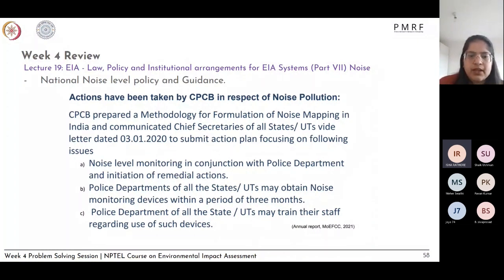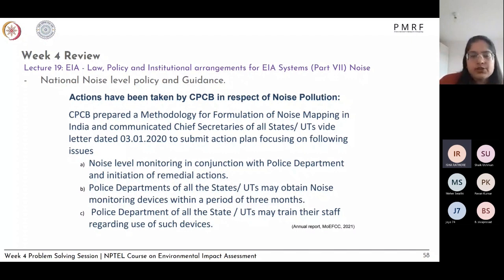This was done in 2020, when this letter was sent to the chief secretaries of states and union territories by the CPCB, specifying this framework on controlling noise pollution specifically from vehicles. They empowered the police department to execute noise level monitoring at different points.